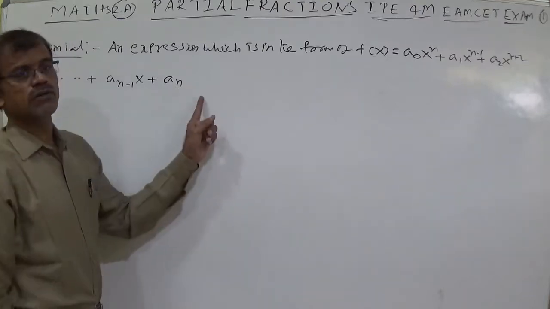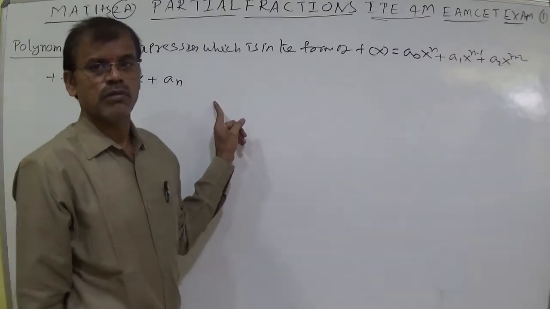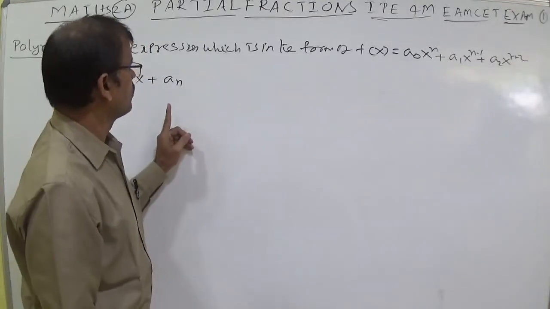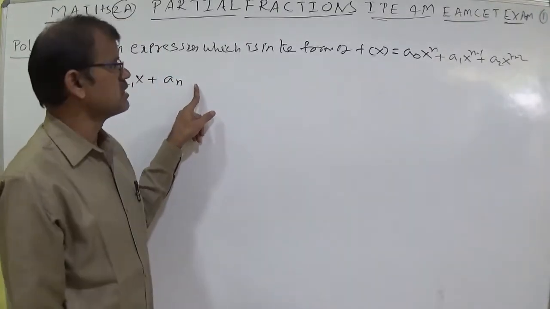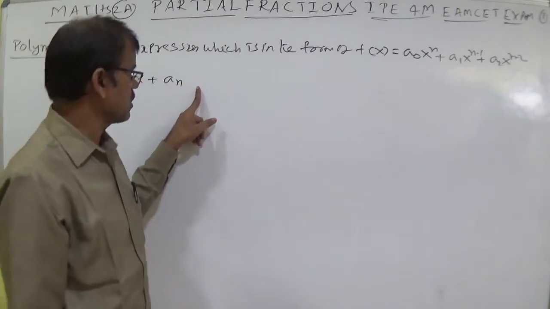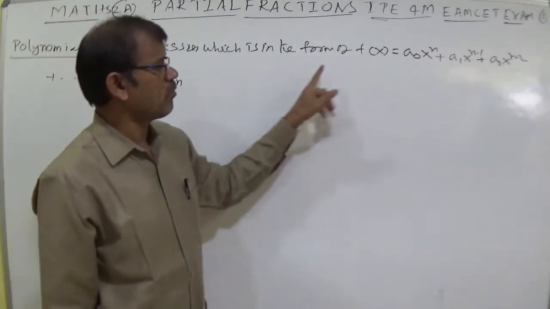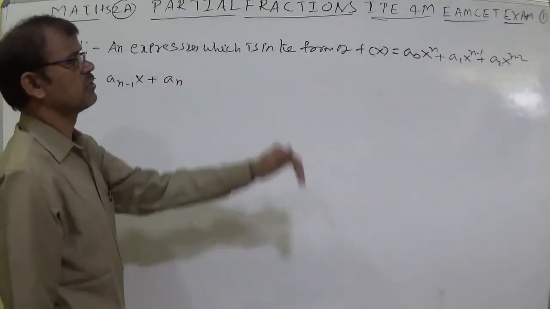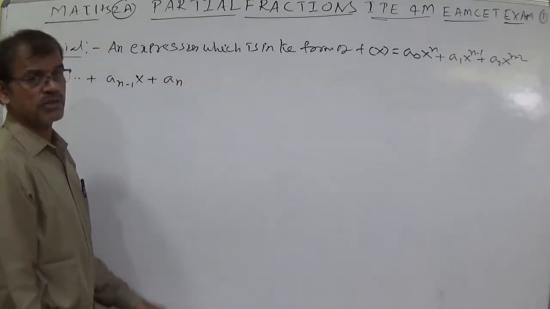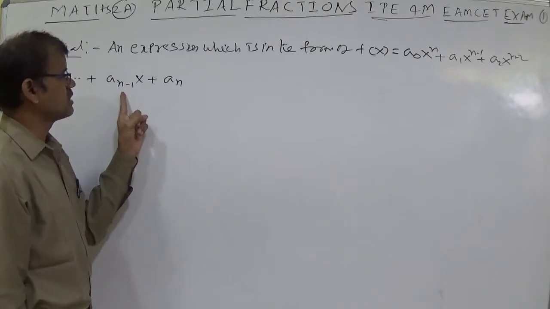If you put is equal to 0 here, it is said to be a polynomial equation, and if you put simply f of x is equal to, without putting is equal to 0, it is called an expression. The expression which is in the form of this one is called a polynomial. F of x will be a naught x power n plus a1 x power n minus 1 plus a2 x power n minus 2 plus so on an minus 1 x plus an.